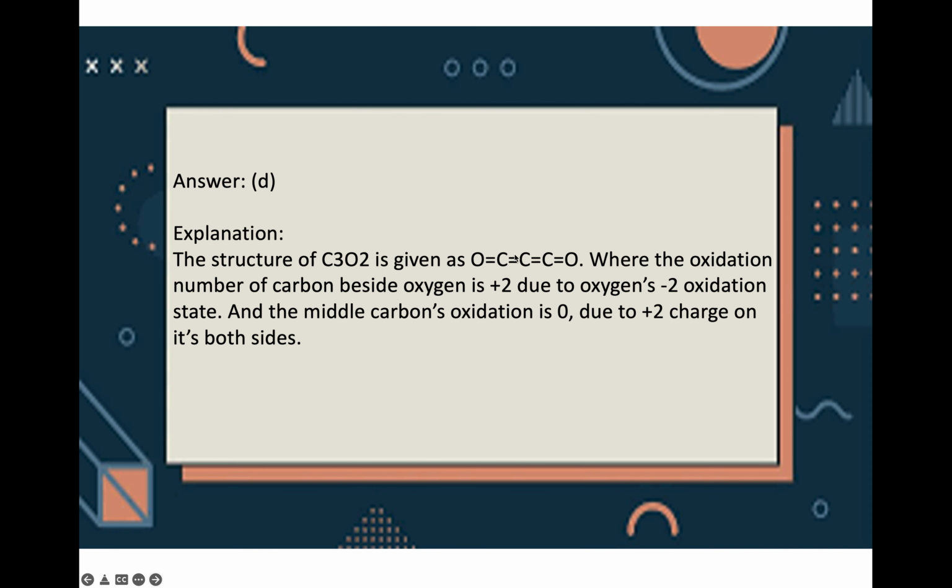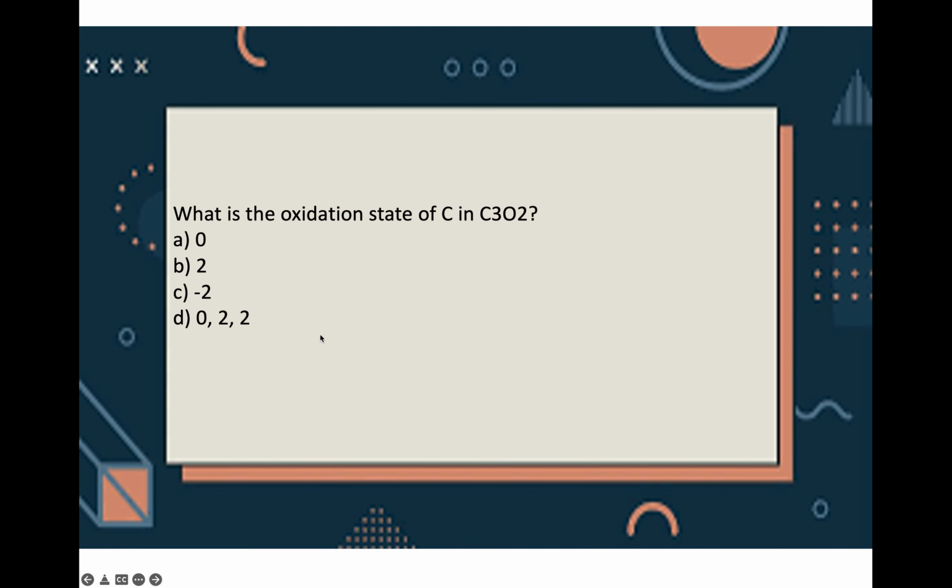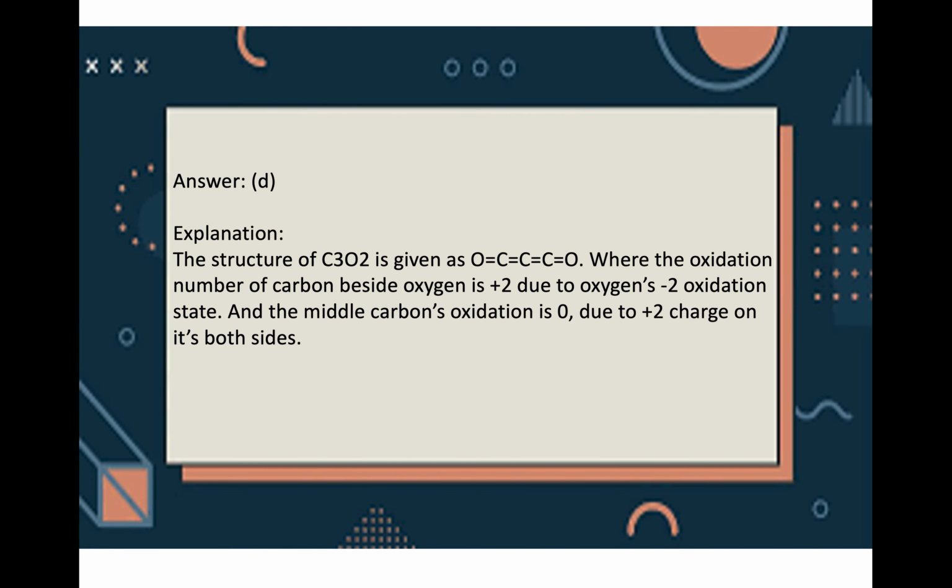The middle carbon's oxidation state is 0, due to +2 charge on both sides. Both sides it is +2, so here it will be 0. So just remember, these types of questions mostly come in the exam. Okay, so 0, 2, 2 is the correct oxidation state.